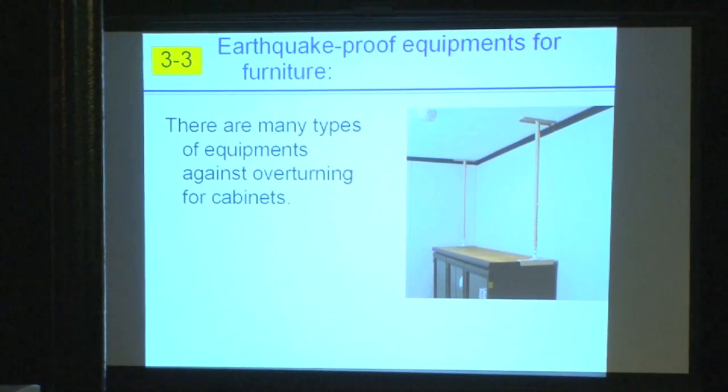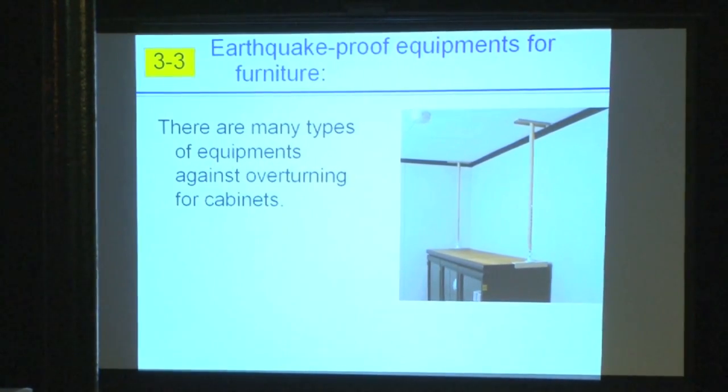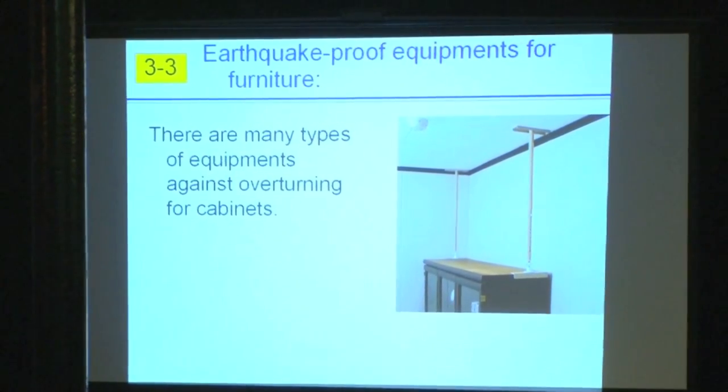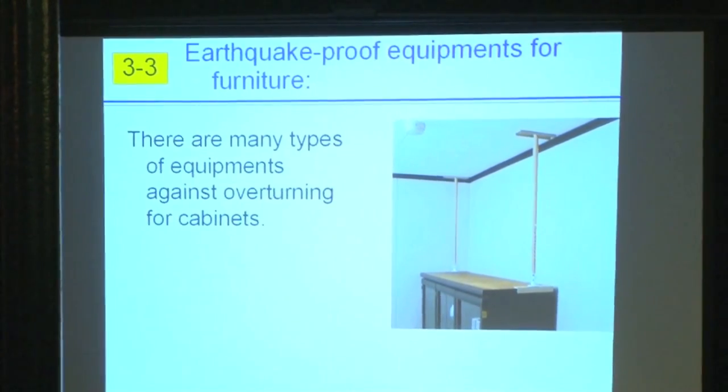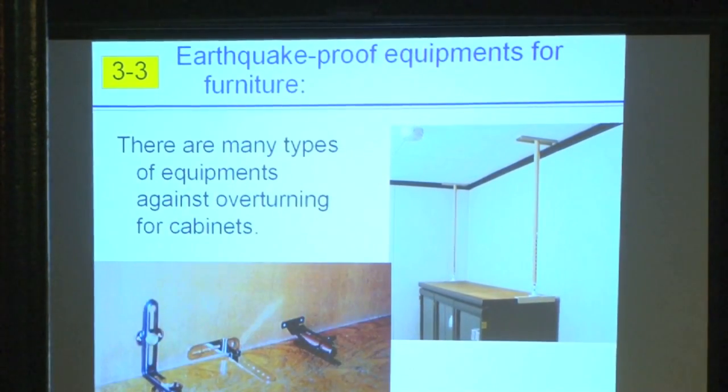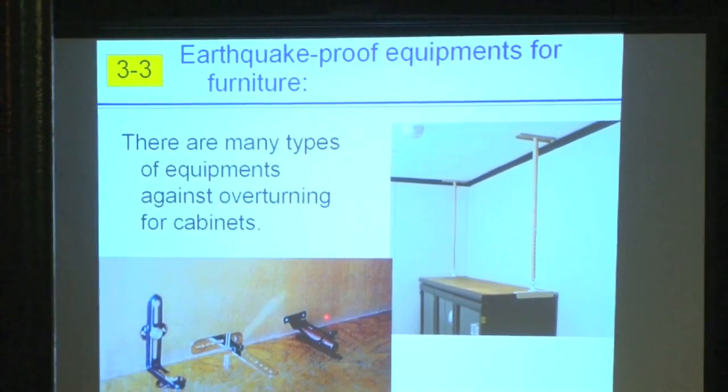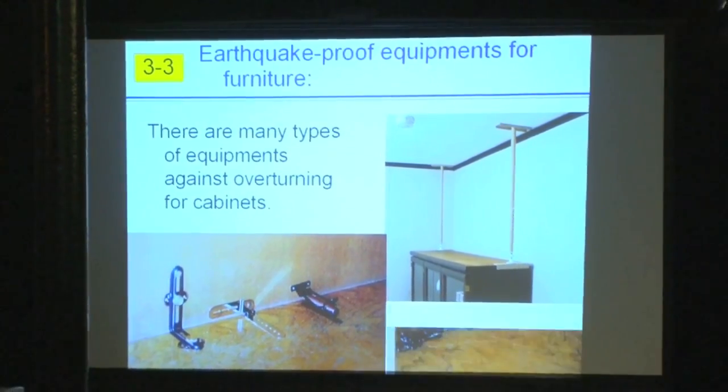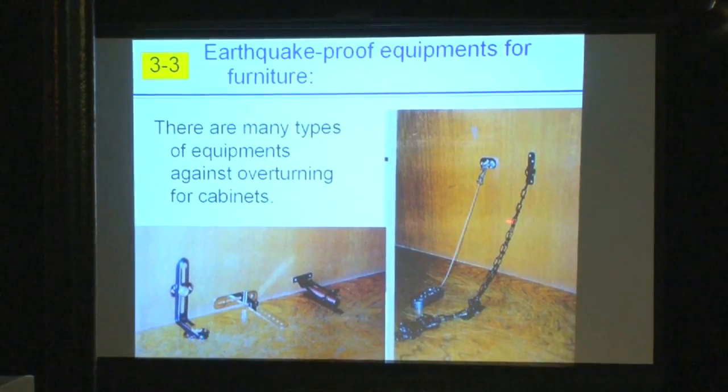There are many types of equipment against overturning of cabinets. This type is the stick type, and there are metal fixtures and the wire or chain types.